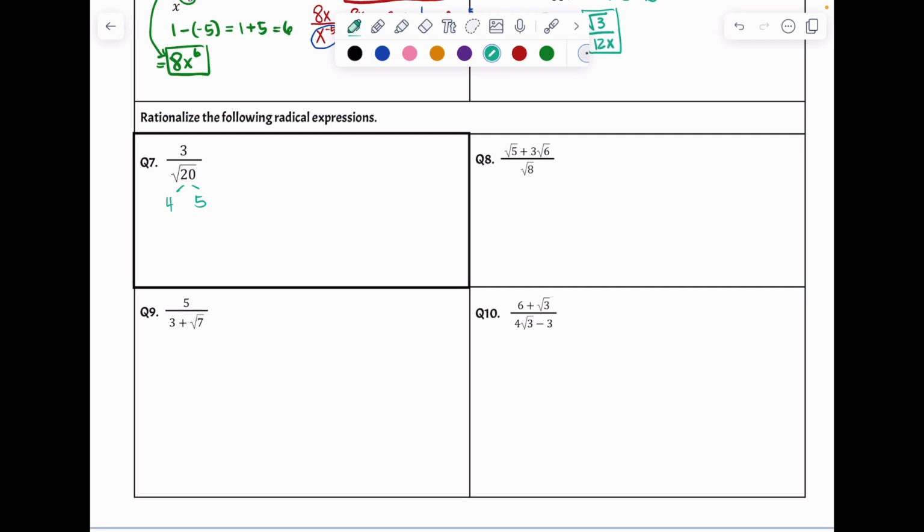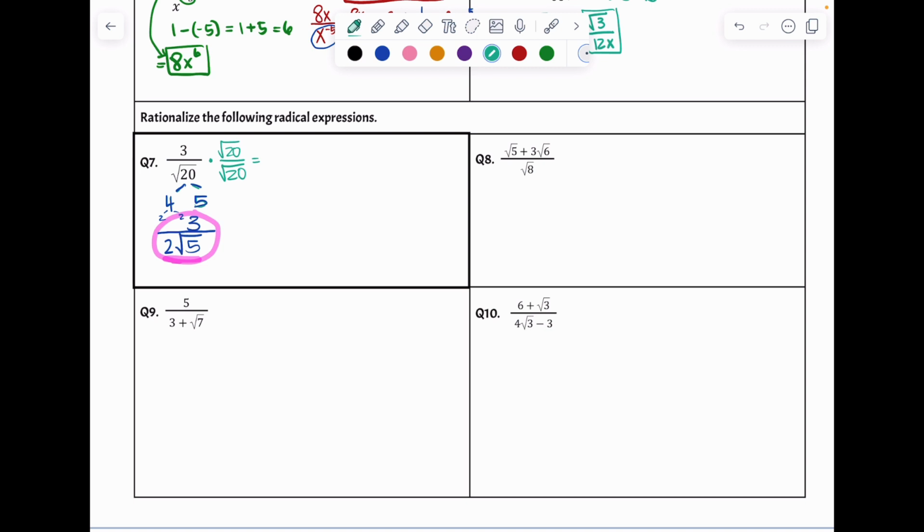So I can take square root of 20 over square root of 20, or I can break it down to 4 times 5 and rewrite it as 2 rad 5 because the 2 came from 4, like so, over 3, okay? So I'll do both ways. I'll do it where we keep it as square root of 20 first, and then I'll work it all the way out, and I'll show you how it ends up being the exact same as if we were to use this format after we simplify the denominator, okay?